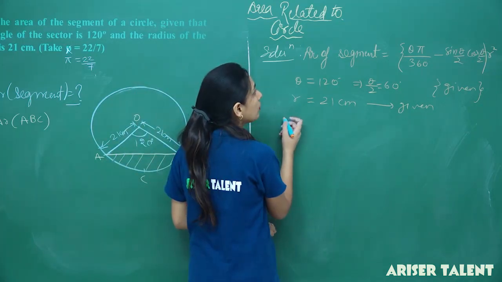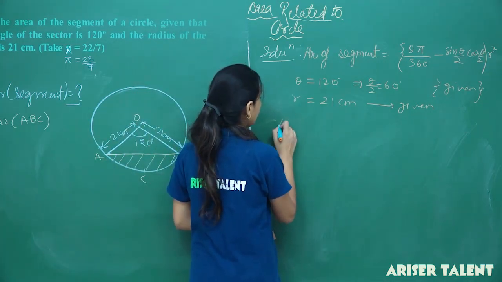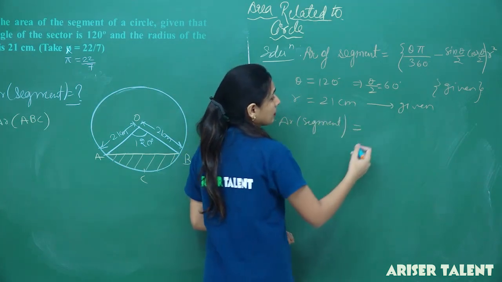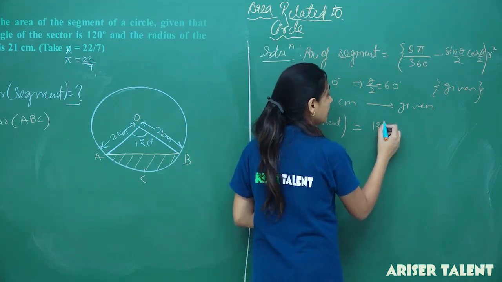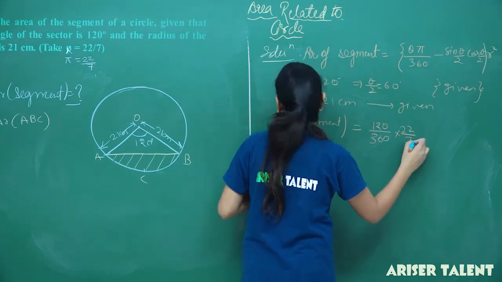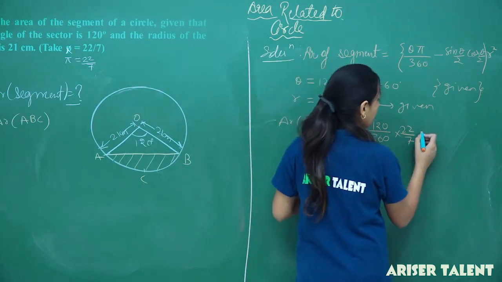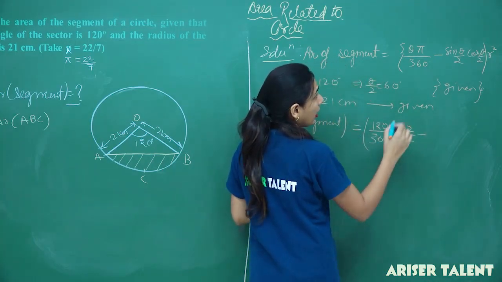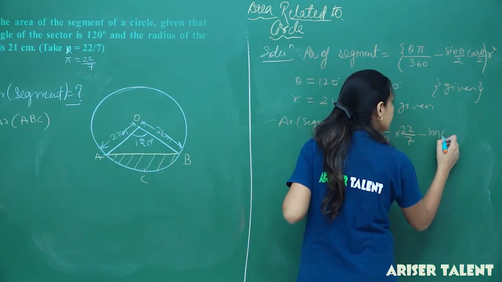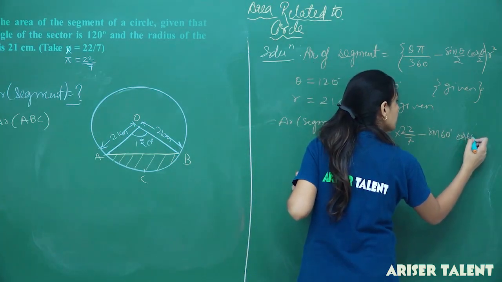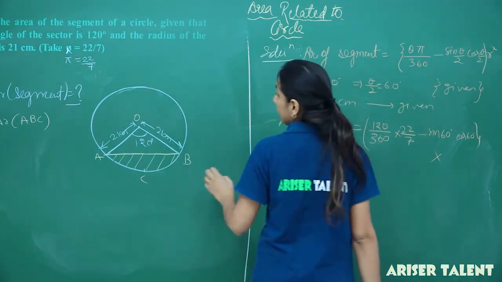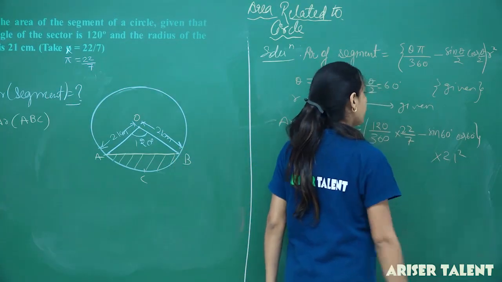So just don't wait. Area of segment equals theta, which is 120 by 360. Now the value of pi is given as 22 by 7 in the question here. So minus sine theta by 2, theta by 2 is 60 degree, so I will be writing sine 60 degree, cos 60 degree, completely multiplied by, this complete term is multiplied by r, which is 21 squared.